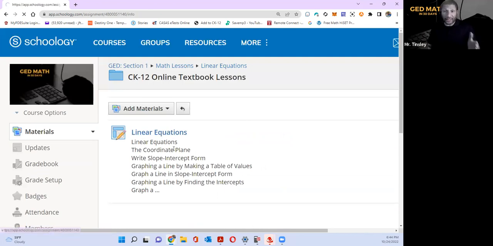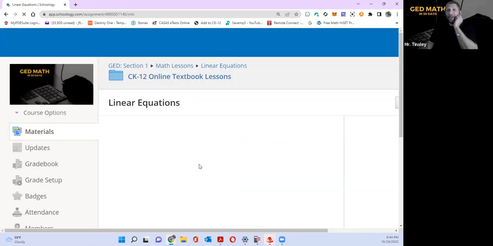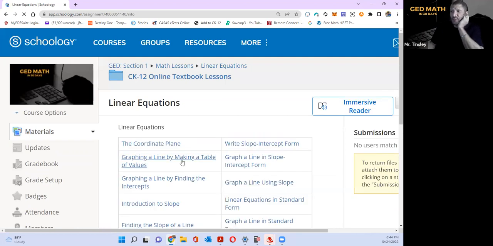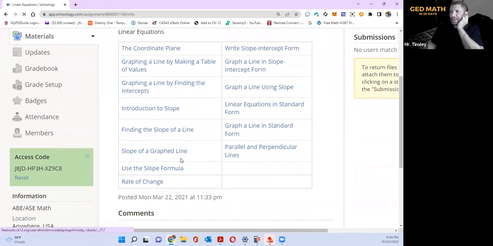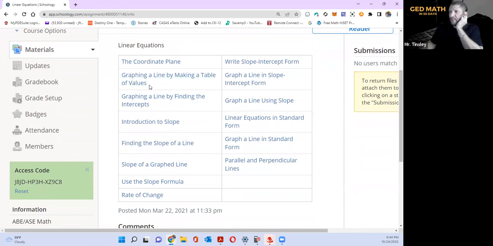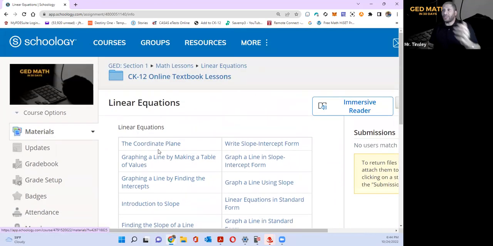You can use your practice test to say, okay, I'm having problems finding the slope between 2 points, right? Everything is here. Parallel and perpendicular lines, standard form, graphing using slope, slope-intercept form, writing the equation of a line, the coordinate plane. Everything you need is right here.